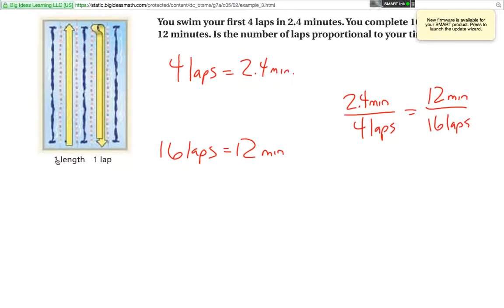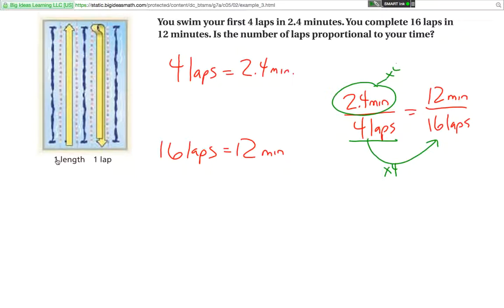At first glance, maybe you see it, maybe you don't, but I already see 2 different ways that pop into my head. One is there are 4 laps here, and I'm going to change it to 16 by multiplying by 4. It's 4 times as many laps. So if it's proportional, technically I should be able to take this 2.4 and multiply it by 4. If I maintain that speed throughout the race, then they're proportional.